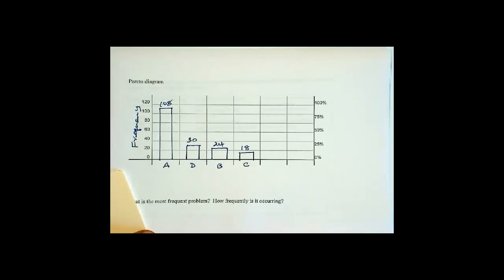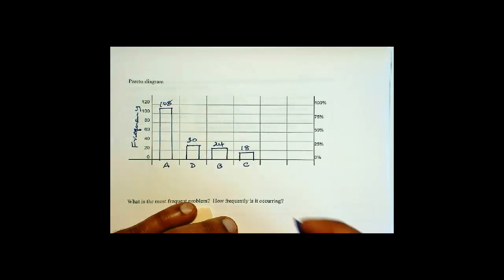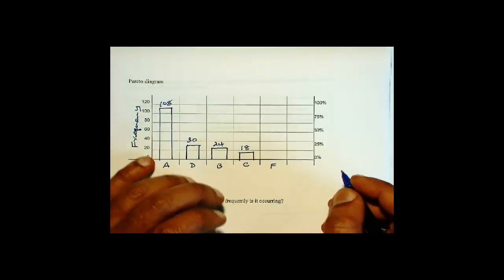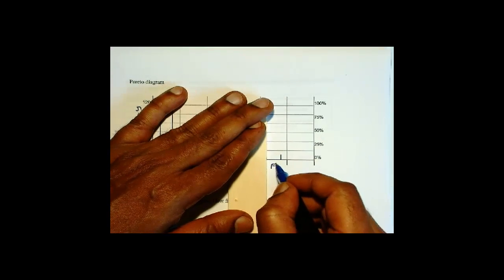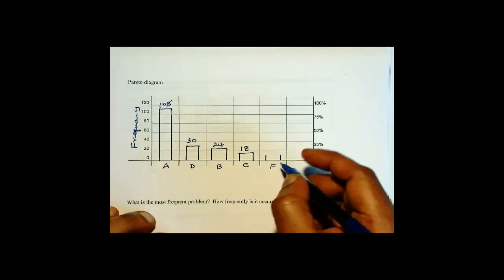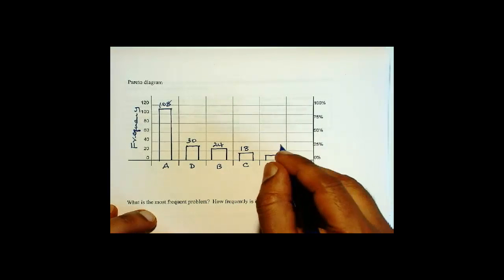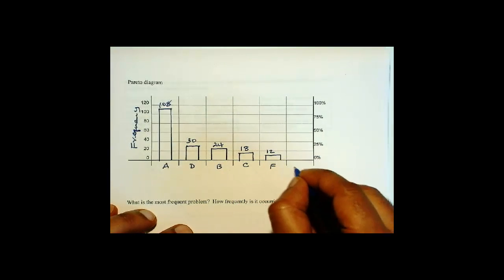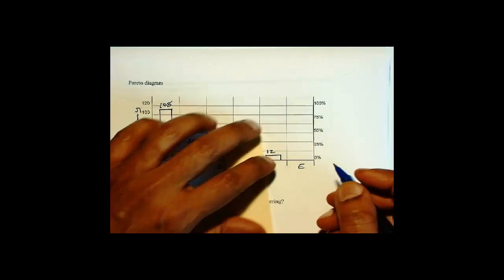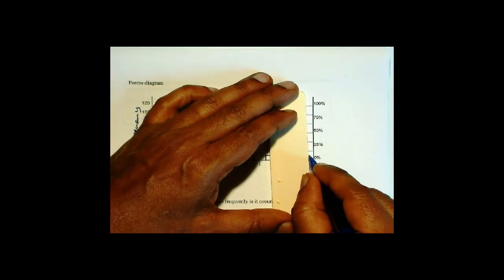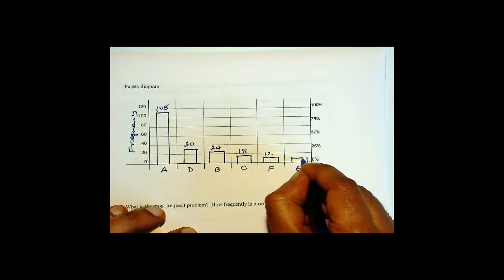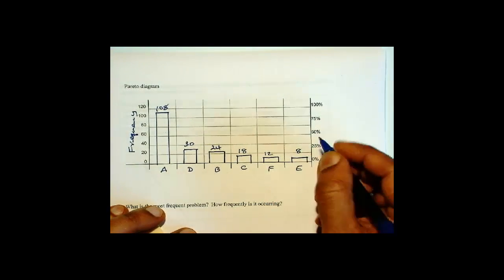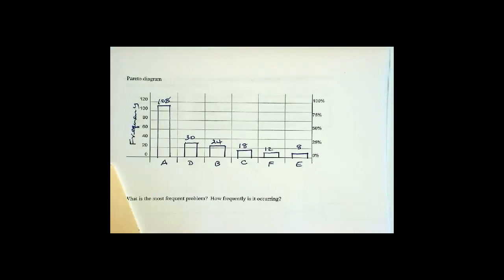And then 12 for F. And finally E with 8. So that's the first part.